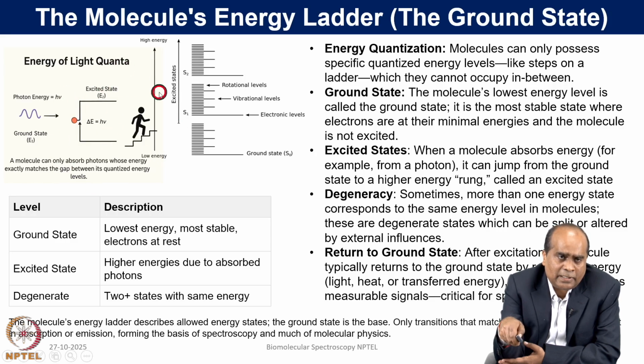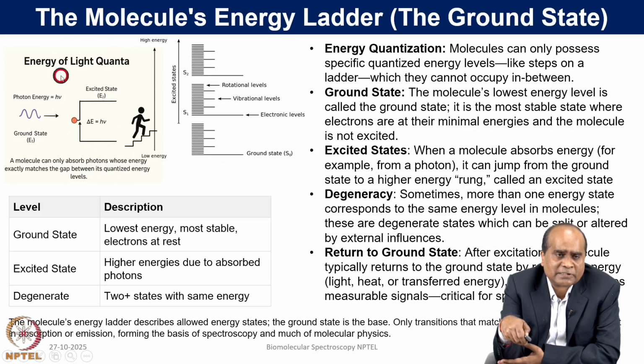So, this is the matter where there are various energy states. We are exciting these energy states by providing photons, right, when it goes from ground state to the excited state. Now, when they come back from the excited state to the ground state, it emits light, and that light emission or heat emission or transfer of energy is the quantifiable signal that we observe by a detector in the spectroscopy, right, and that gives the property of this molecule.